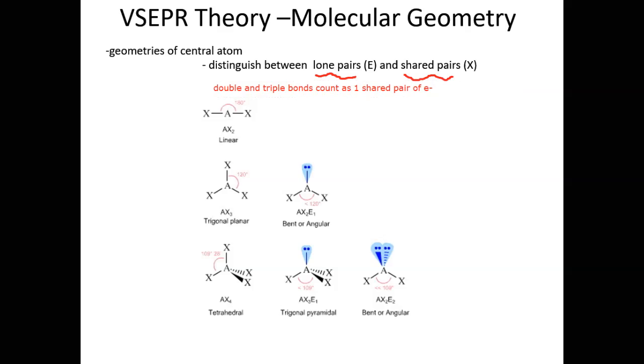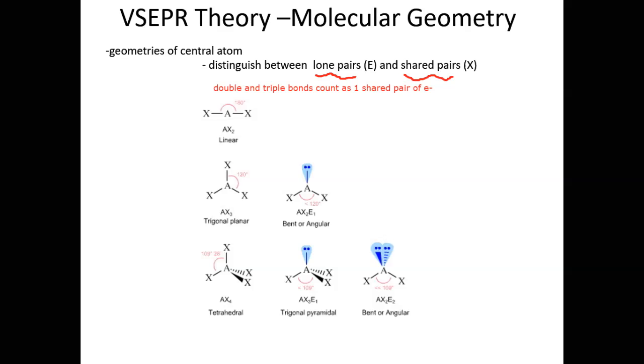It means valence shell electron pair repulsion theory, which states that electron pairs like to be as far away from one another as possible. And so for linear geometry, the obvious bond angle would be 180.